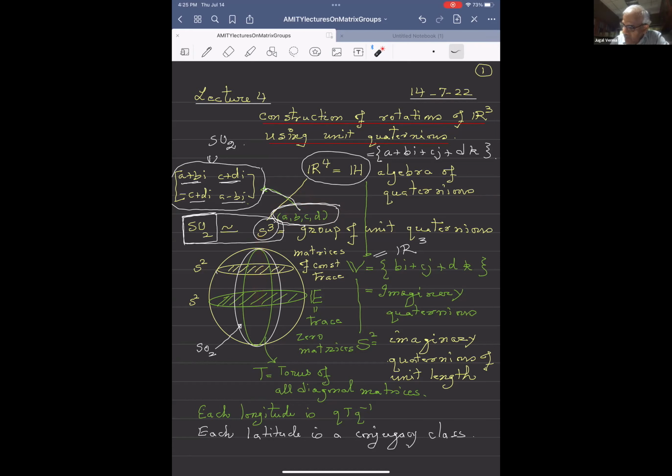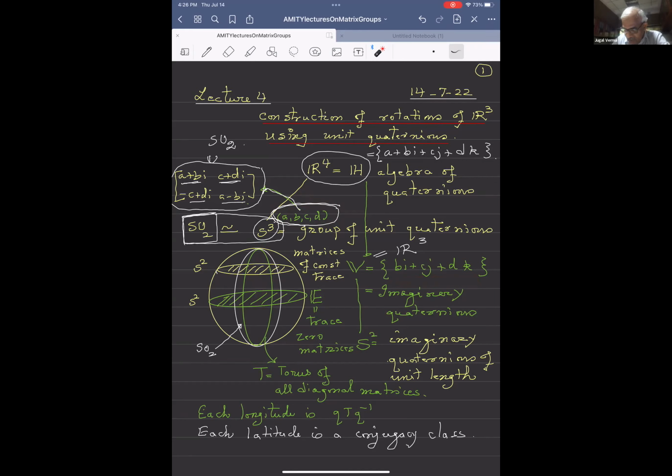So when I take bi plus cj plus dk, that is the three-dimensional space inside the algebra of quaternions. These are called imaginary quaternions. And we will study these two structures on three-dimensional space.